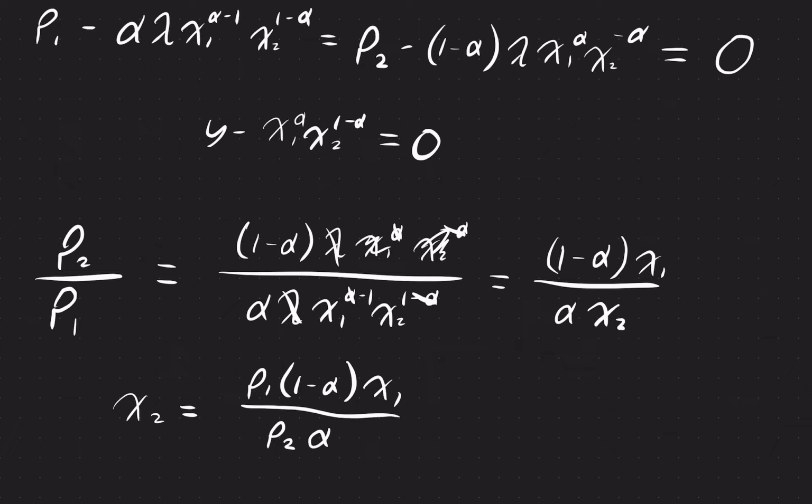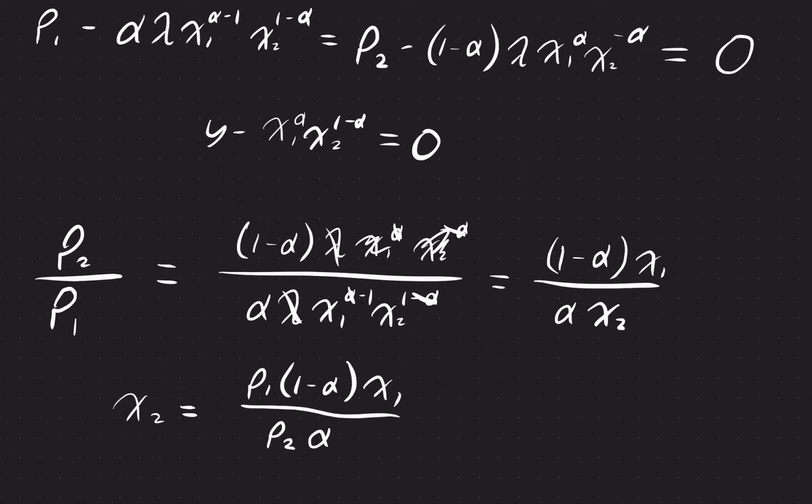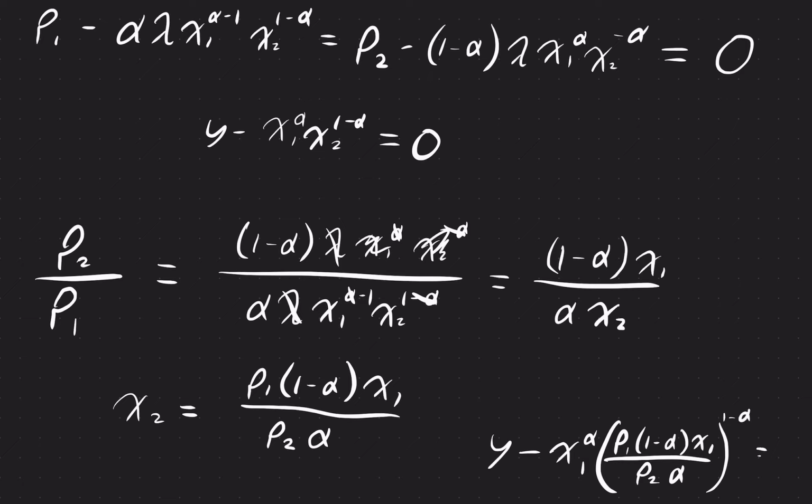And now you can put this back here, and you get y minus x1 to the alpha times this whole thing to the 1 minus alpha equals 0.